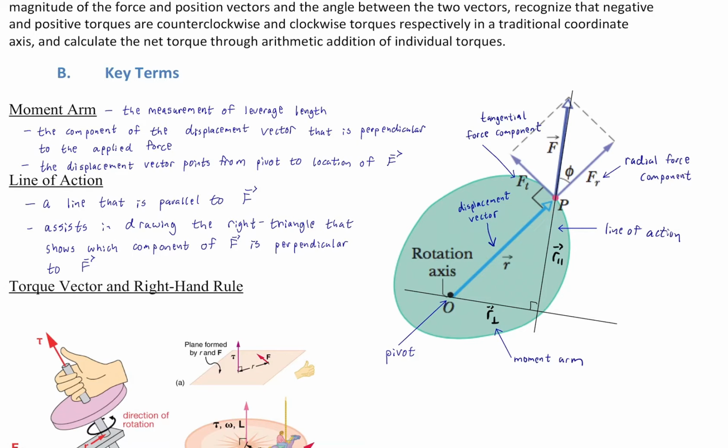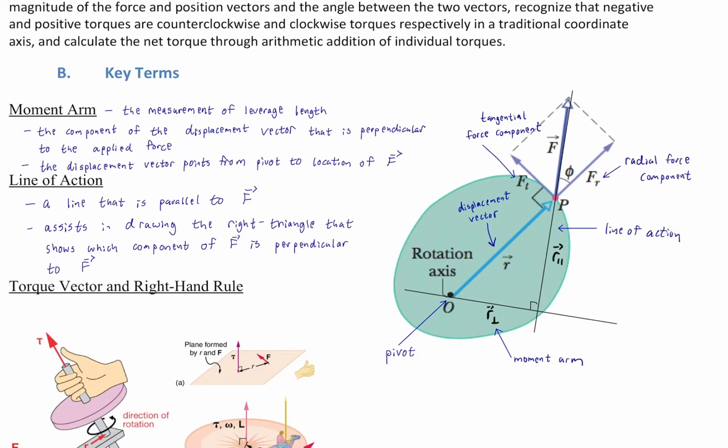But it's still going to point along the direction of the radius, so radial is still a good name for it. These are axes we've seen before, the tangential axis and the radial axis. So it makes sense to think of a particular force vector, here one that is neither entirely tangential nor entirely radial, and think of it as having both tangential components and radial components. Okay? All right. So that makes sense.